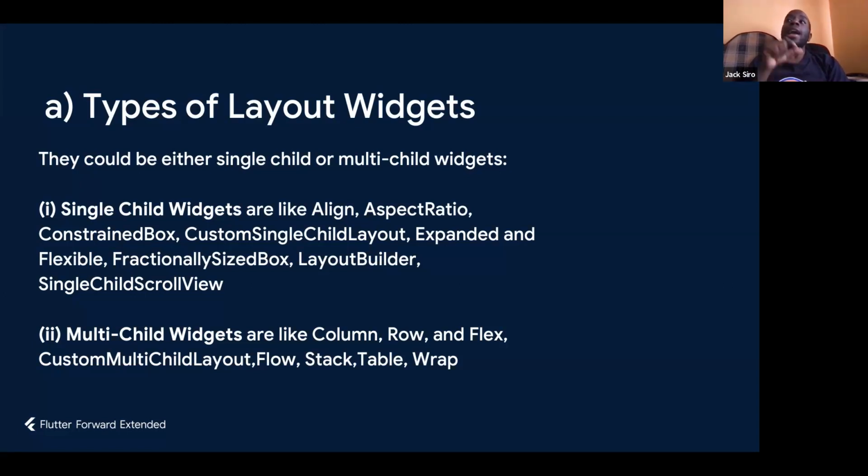So I'll put my column inside a single child scroll view, and I won't have any other problems. That is one very useful widget that normally saves the day, especially if you are supposed to have a lot of items in your UI.